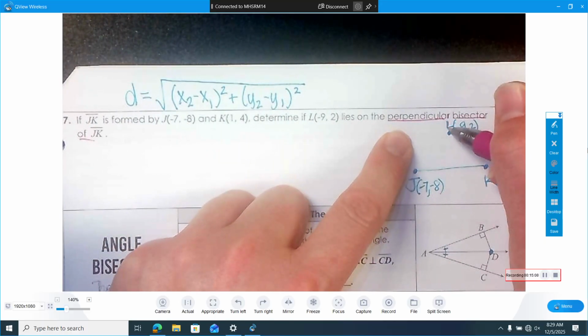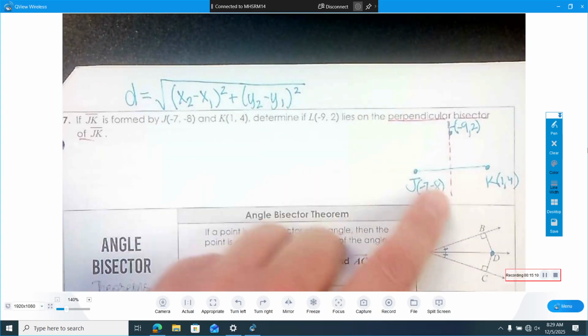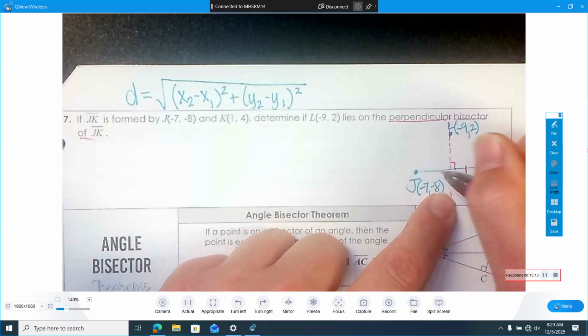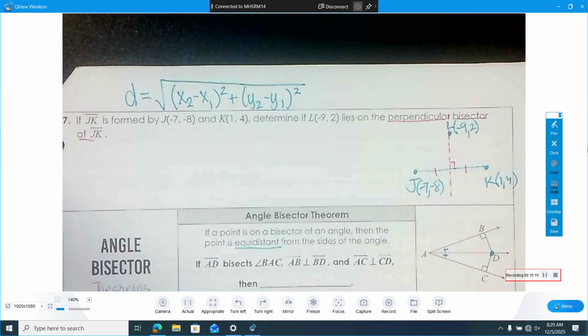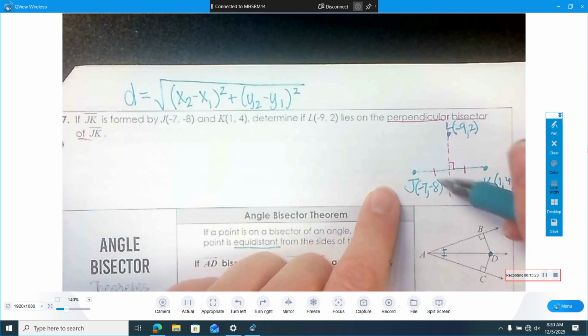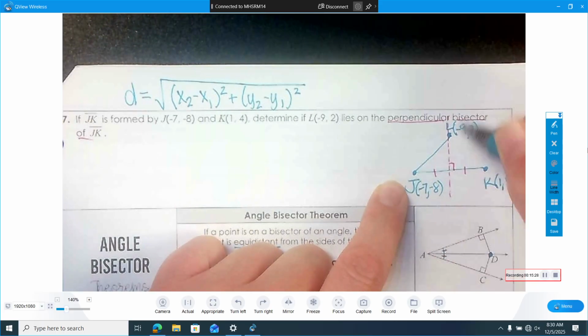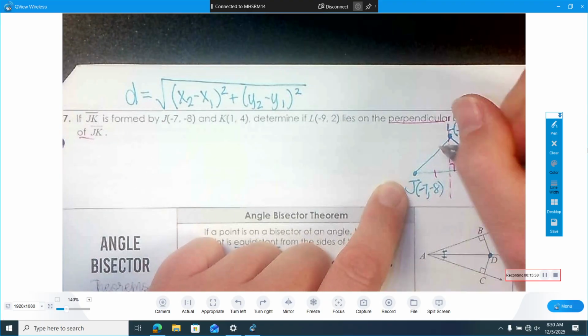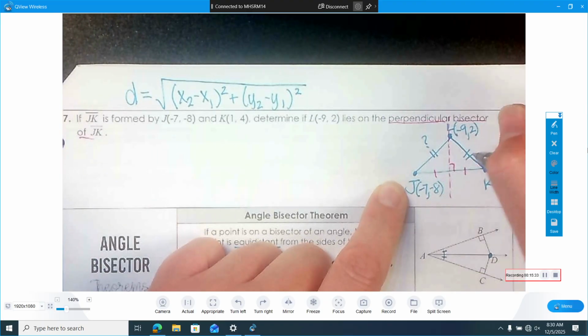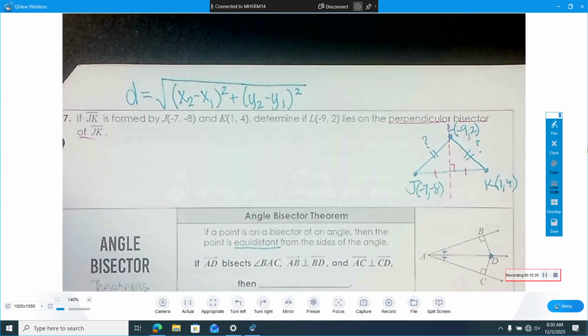So is there a line that goes through L and is perpendicular and bisects that segment JK? We're trying to figure that out. Well, this is where that perpendicular bisector theorem came into play. Because if it's on that perpendicular bisector, then this segment should be congruent to this segment. So this is what I need to know. Are these two segments from L to the endpoints the same length? Okay, that's what that second theorem was.